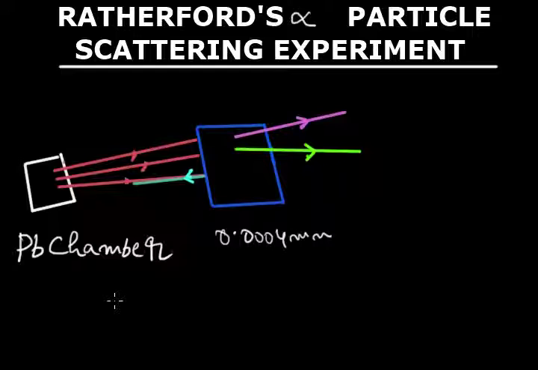And what happened? It was observed that most of the alpha particles came out without any deviation, and this is represented by the pink line. The pink line shows the alpha particles which are coming out without any deviation.